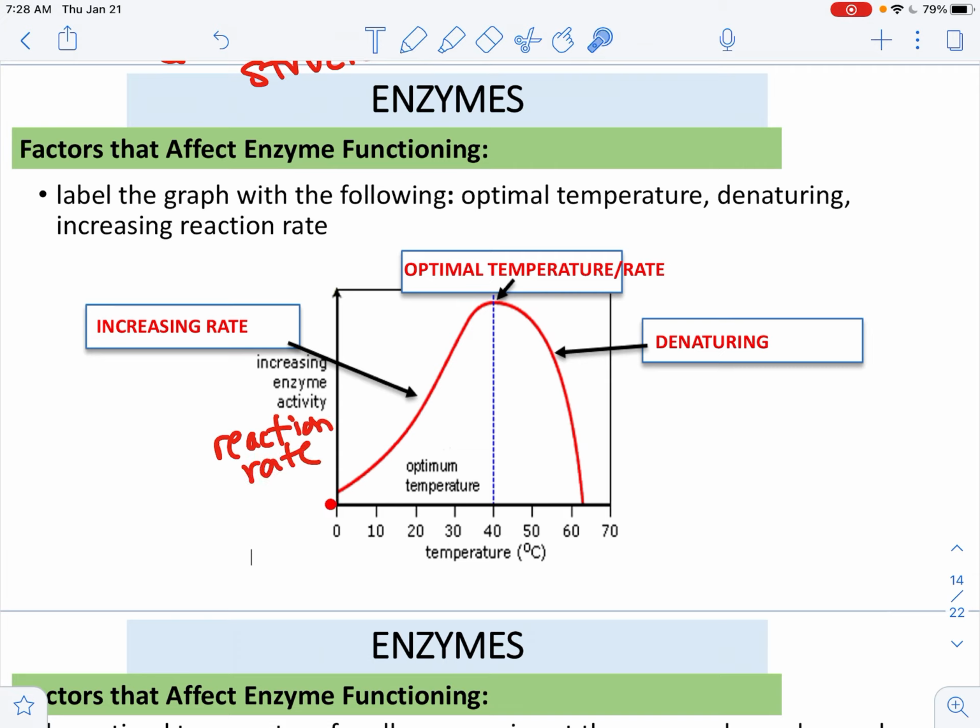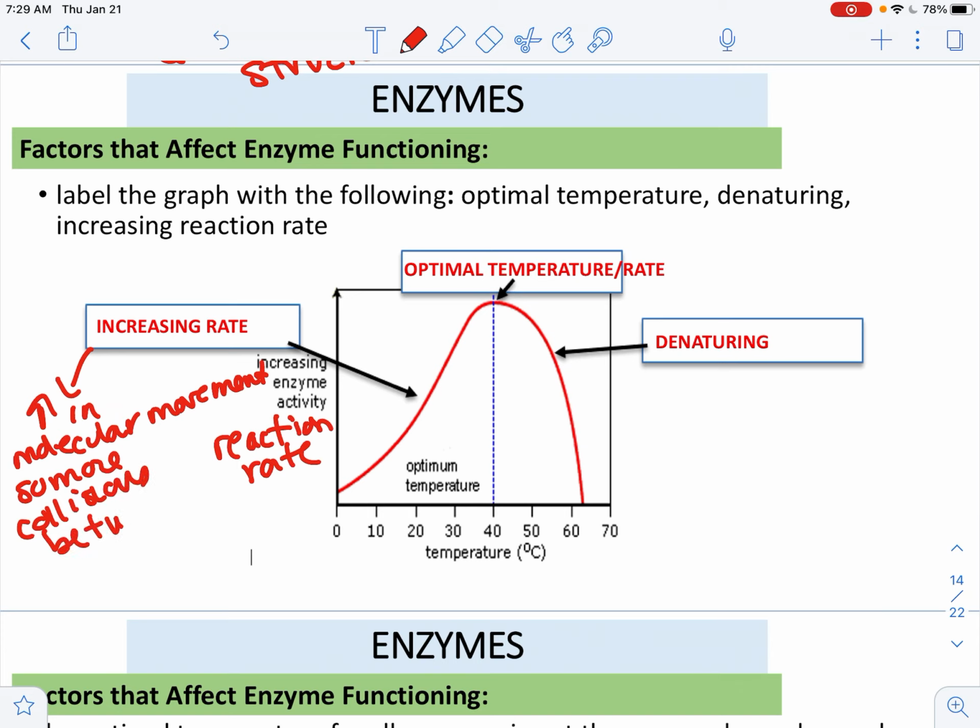And so you see that as temperature goes up, the reaction goes up too, which I just said, that's due to increased molecular movement. So there's more collisions between the enzyme and its substrate, or substrates, depending on what the reaction is.